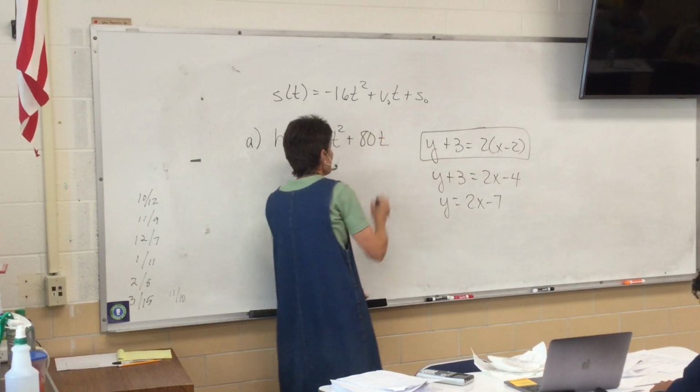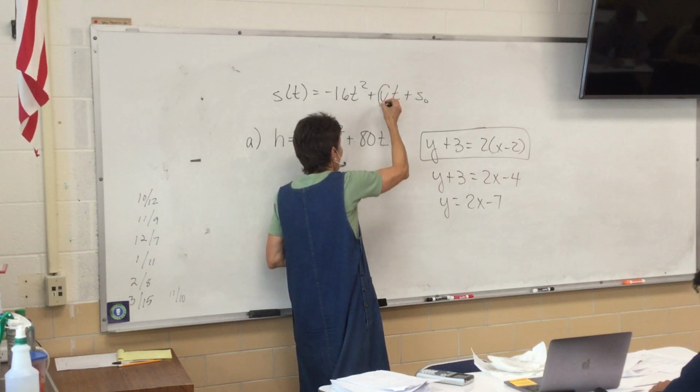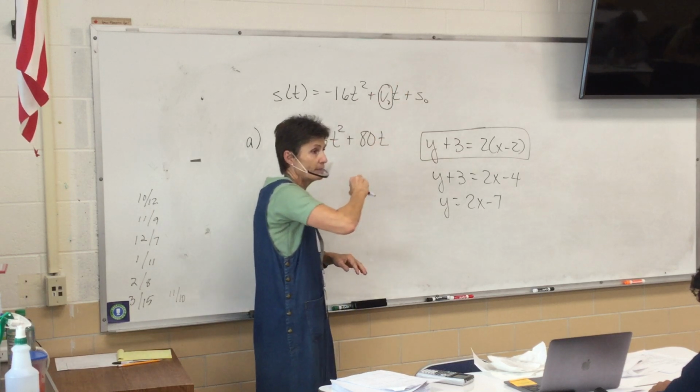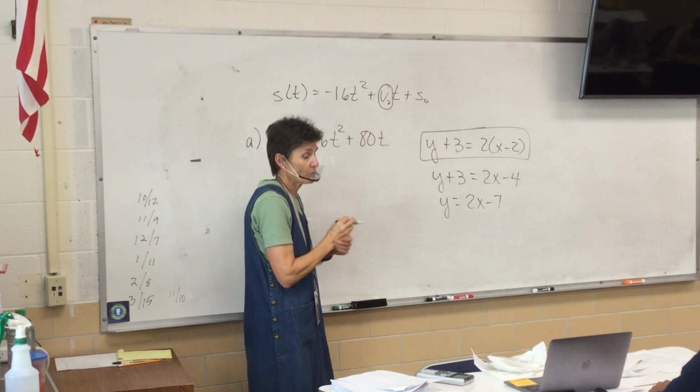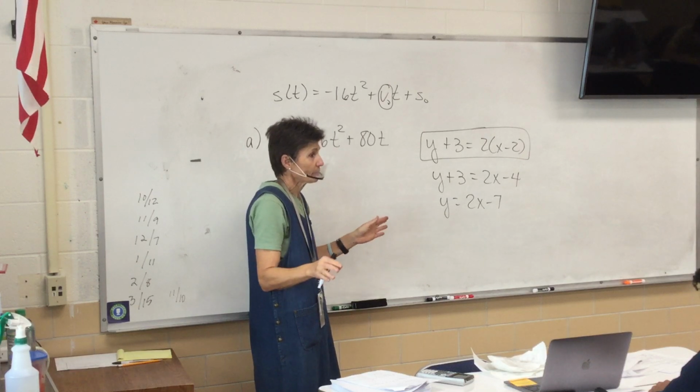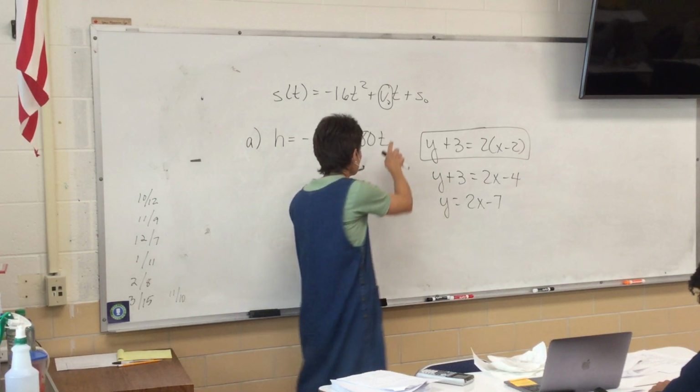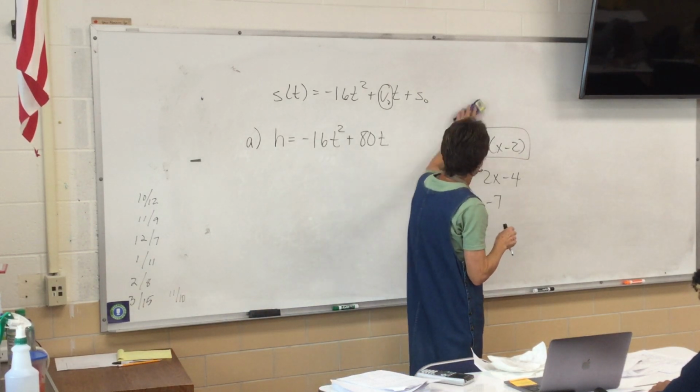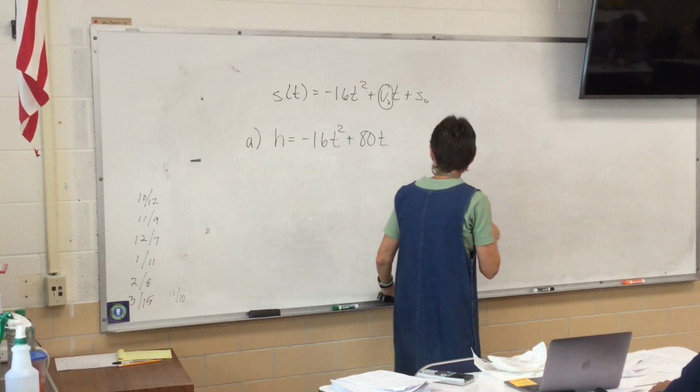We know that's 80 because what goes in this spot, guys, is the initial velocity. So you've got to read the question. And then what goes on the end? That's going to be 20, right?